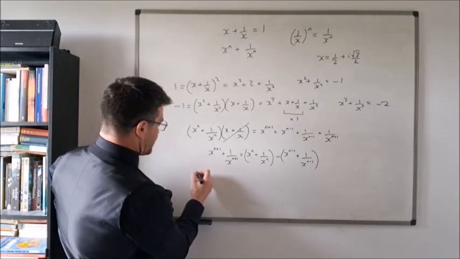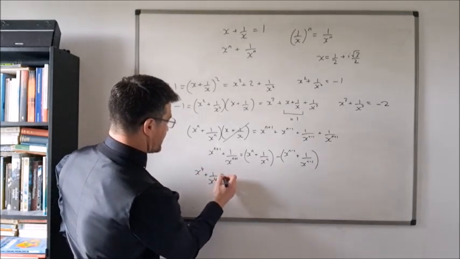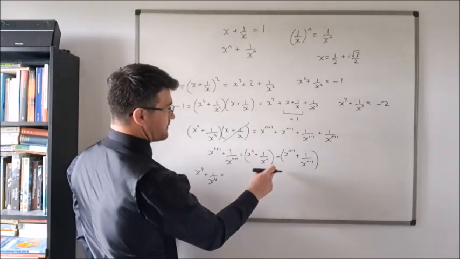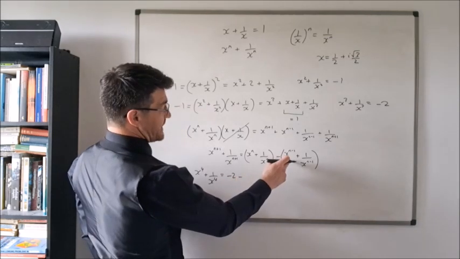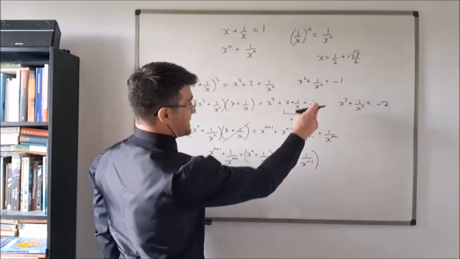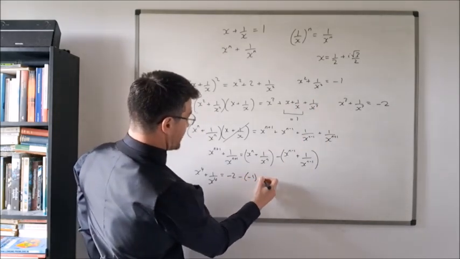Okay, so let's say I want to figure out x to the power of 4 plus 1 over x to the power of 4. This is going to be the value of x cubed plus 1 over x cubed, which is minus 2, minus the value of x squared plus 1 over x squared, which is minus 1. Minus 2 minus minus 1 is minus 1.